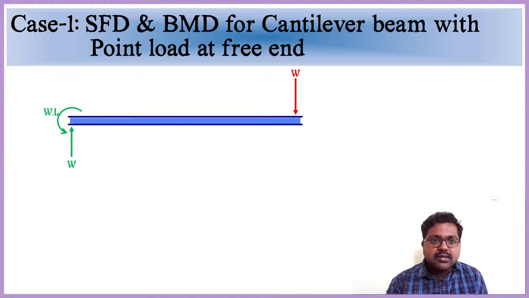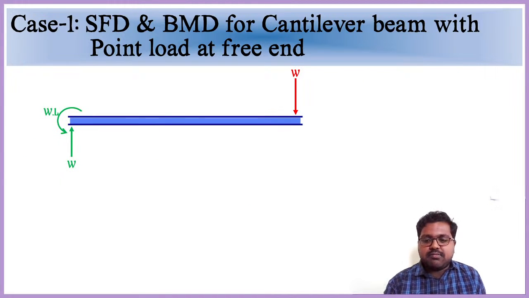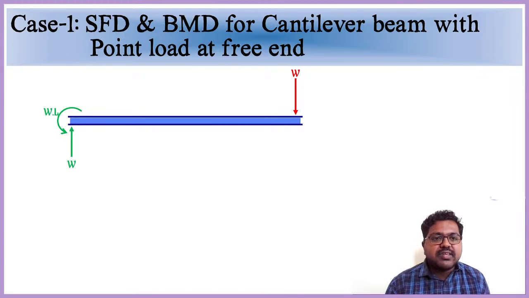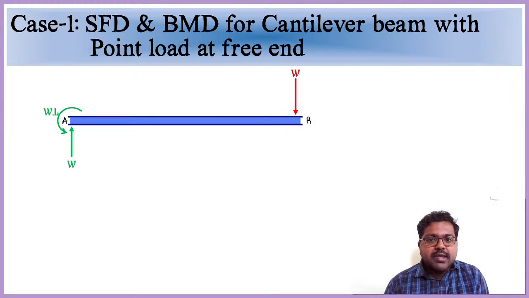So it will be like this when we see a free body diagram. So if we see a free body diagram of AB, I am considering this beam AB, right? So I take free body diagram of AB.